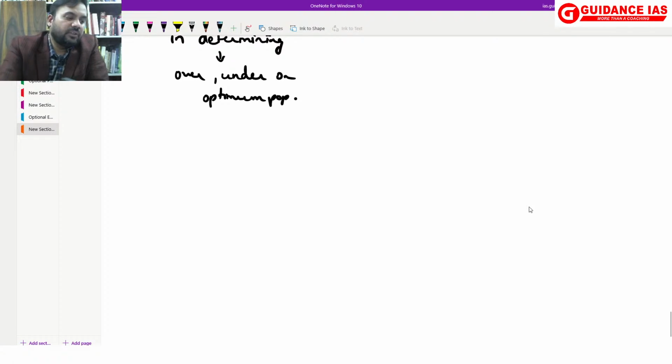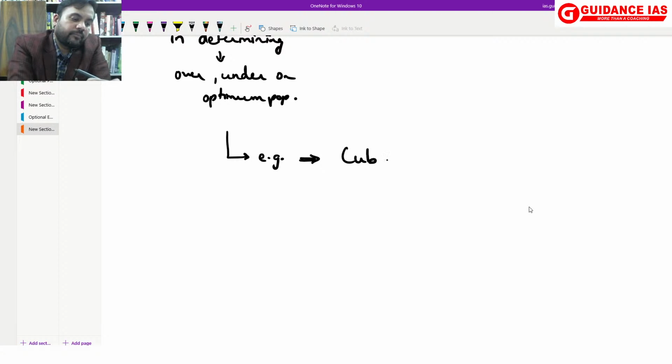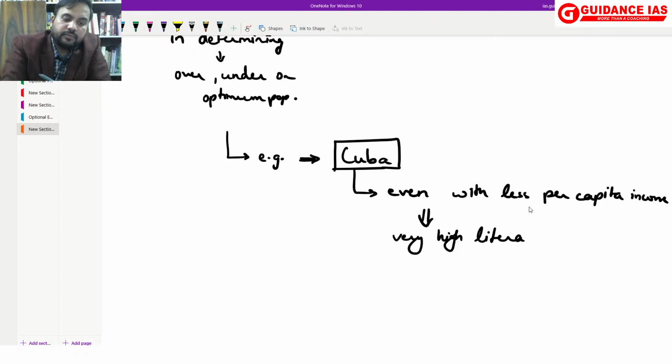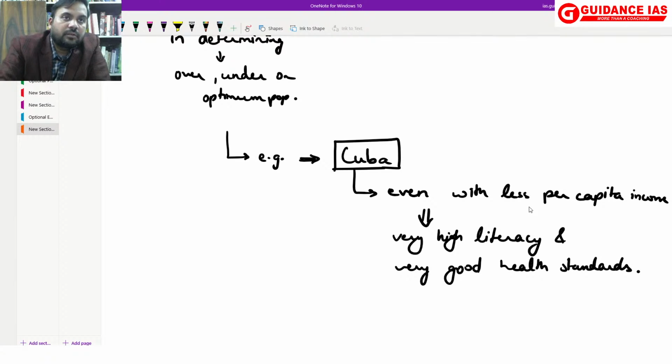Distribution of resources. For example, take the example of Cuba. In the case of Cuba, even with less per capita income, can I say it has very high literacy and very good health standards, and here the resources are distributed in a more socialistic manner.